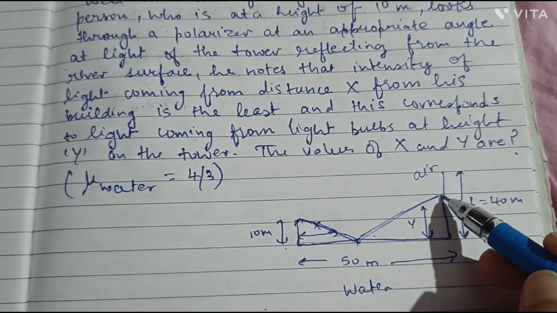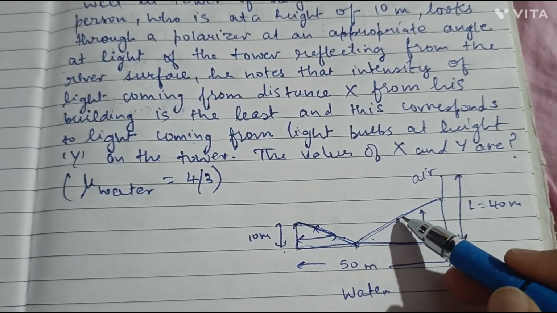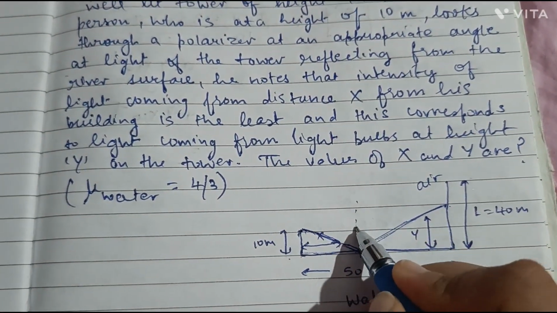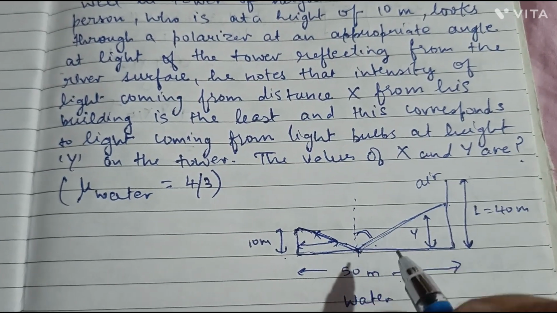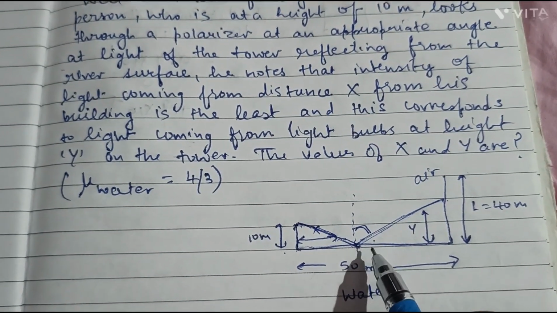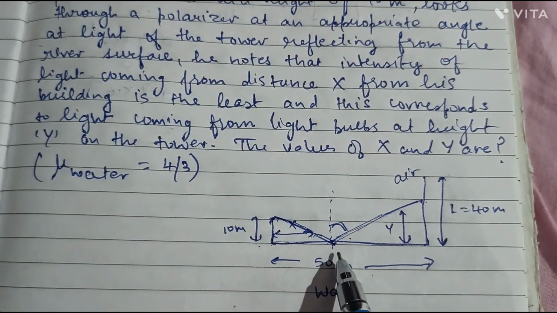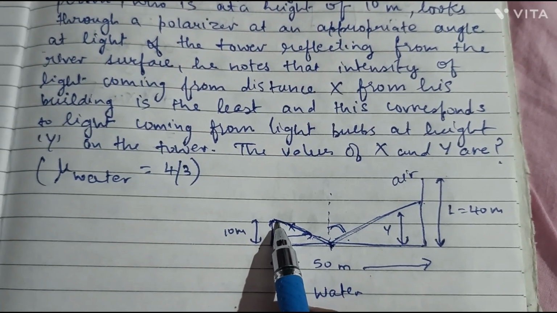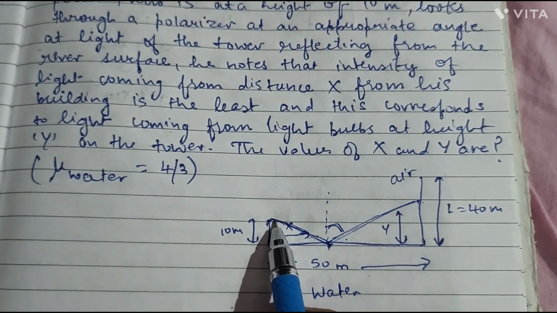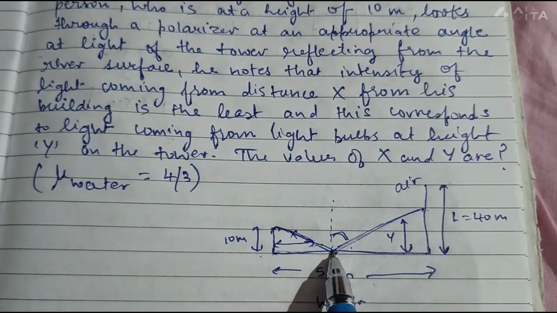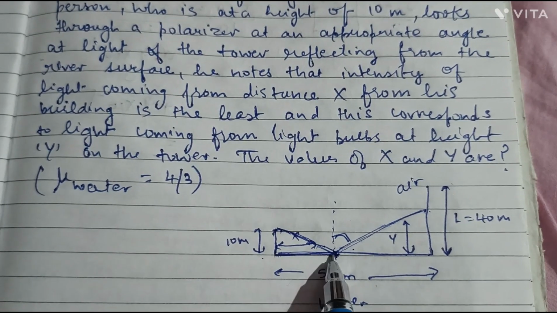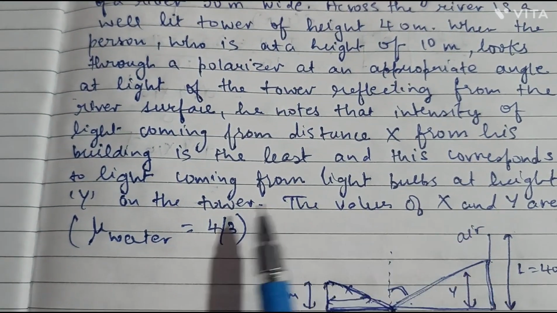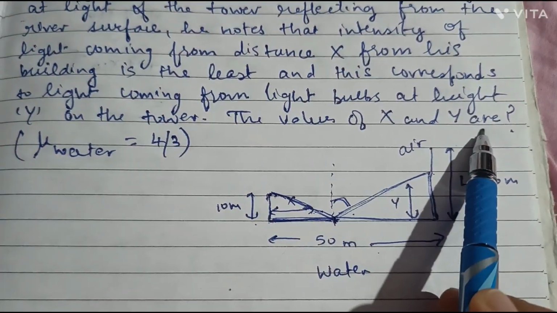The unpolarized light is coming from air touching the medium water, and there has to be some incident angle at which it hits the surface of water and reflects in such a way that it becomes polarized. So this is where the Brewster's angle comes into place. This particular point is x distance away from his own position and this particular height is y. Now what we have to find out are the values of x and y.